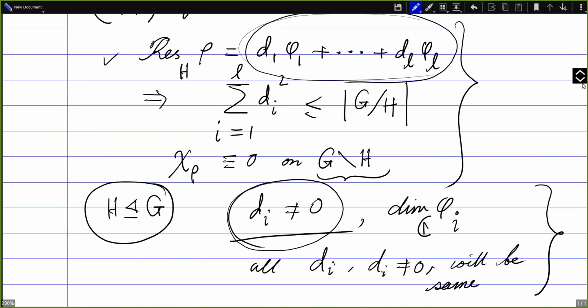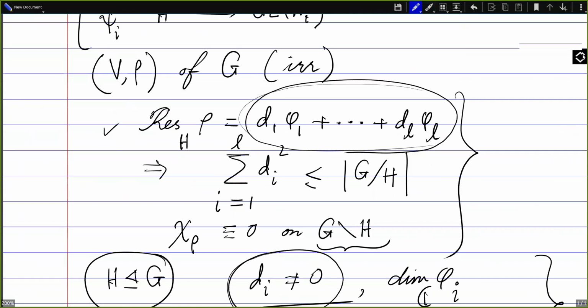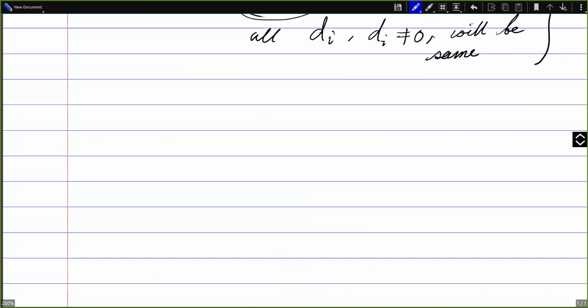Okay, before we start proving Clifford's theorem, let's make some observations which will be instrumental in the proof.